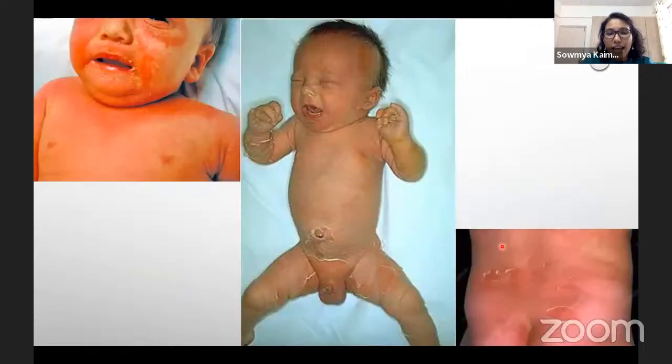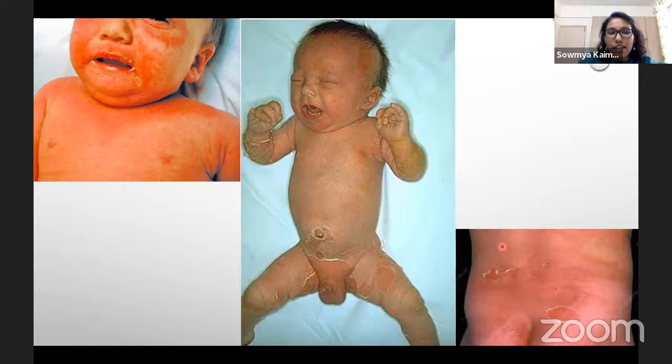Staphylococcal scalded skin syndrome will present with an extremely irritable child. Because of the irritability and the cutaneous tenderness, the child will scream when you even just pick up the child. This can occur up to 24 to 48 hours before the actual onset of skin lesions.